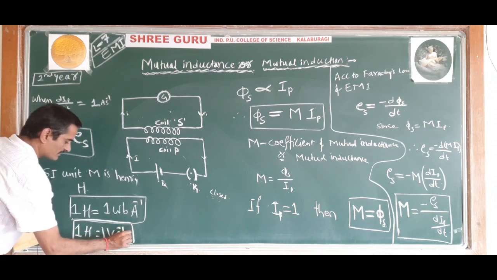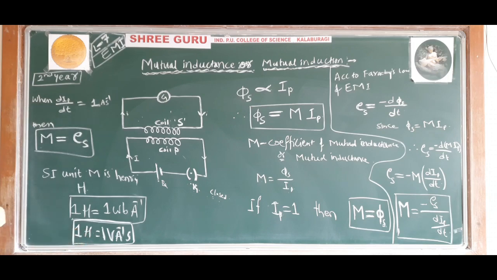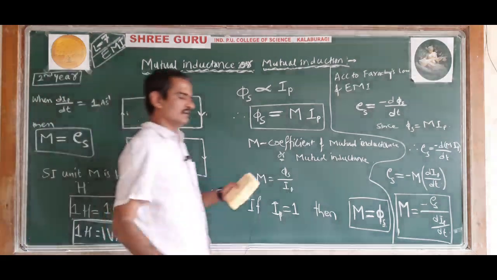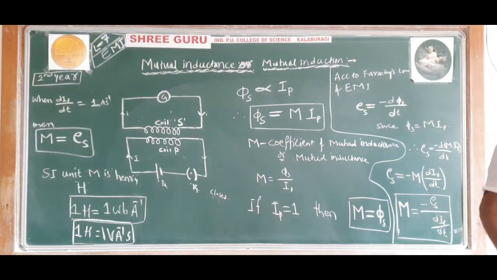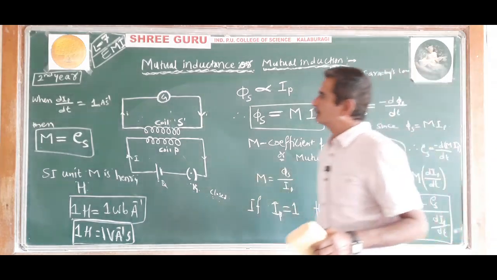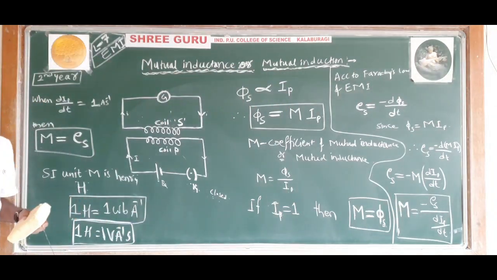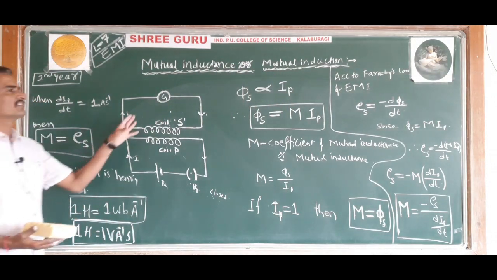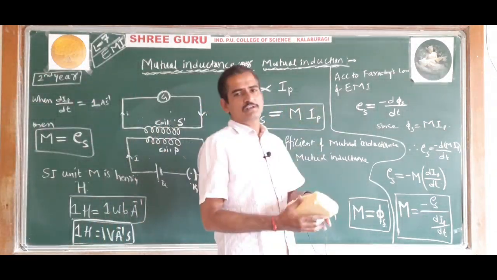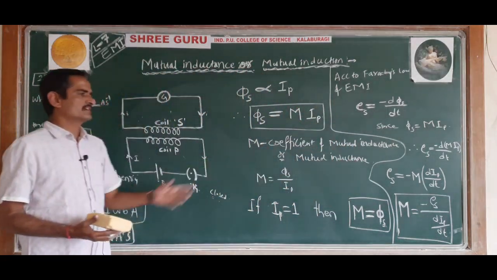So the unit of mutual inductance is Henry, denoted by capital H, and it is named after the scientist Joseph Henry, who did a lot of work on electromagnetic induction. Understood? Okay. This is mutual inductance, or mutual induction, or coefficient of mutual inductance.